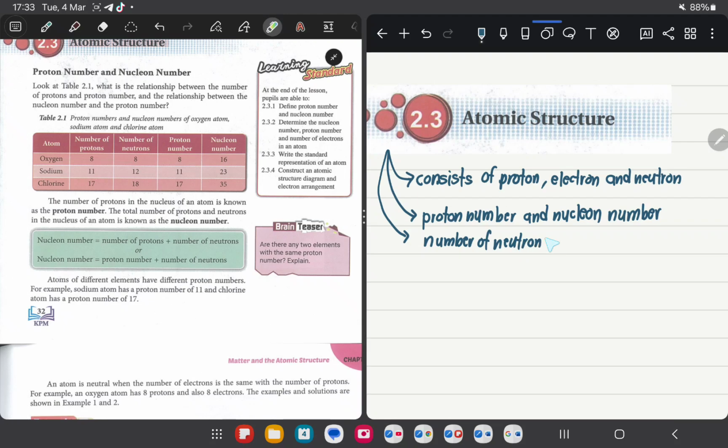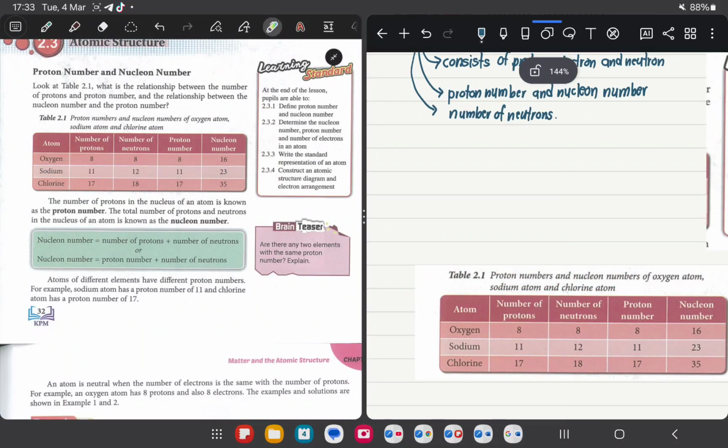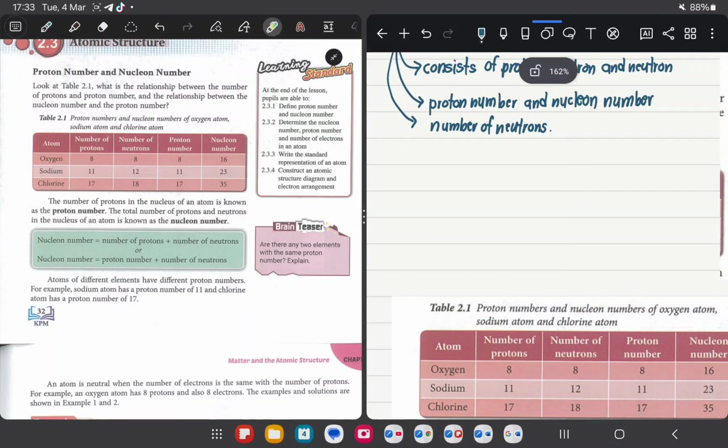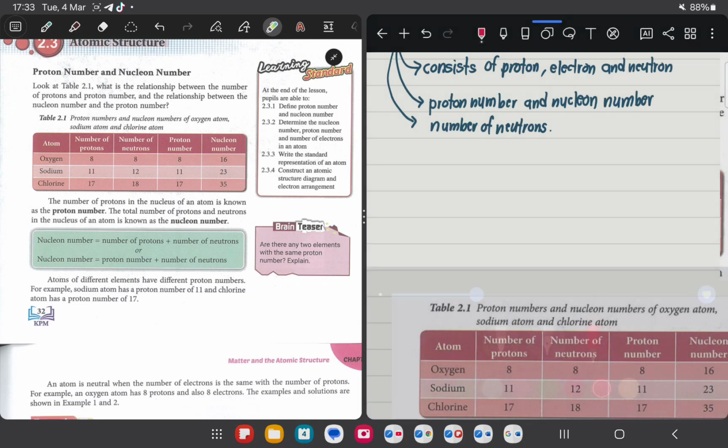Always remember there is no term such as neutron number. Please don't say there is a term like neutron number. Neutron number and nucleon number are two different things. I write in red pen so that you can remember: no term as neutron number.